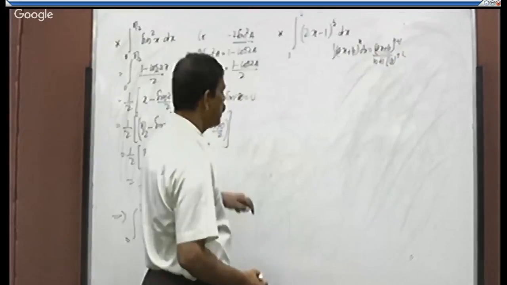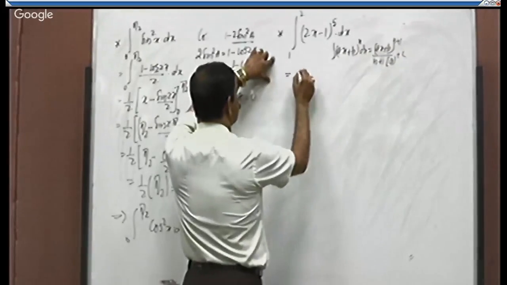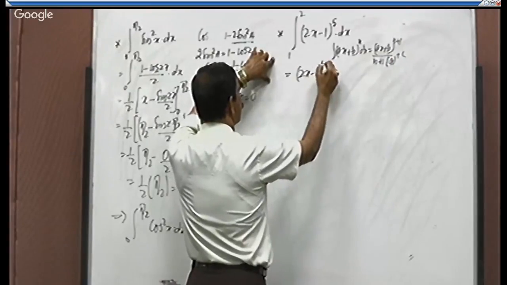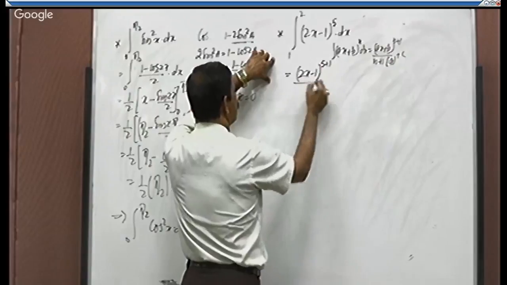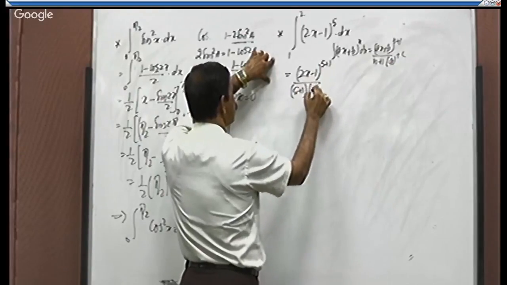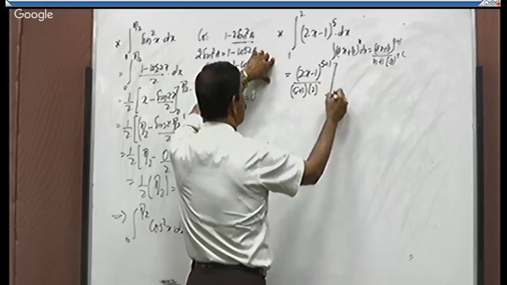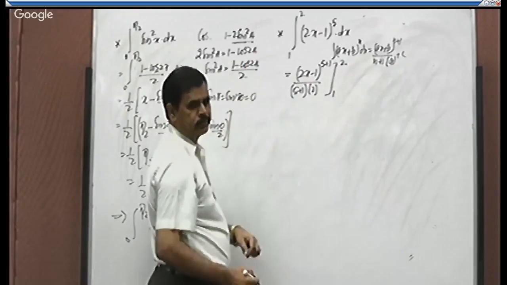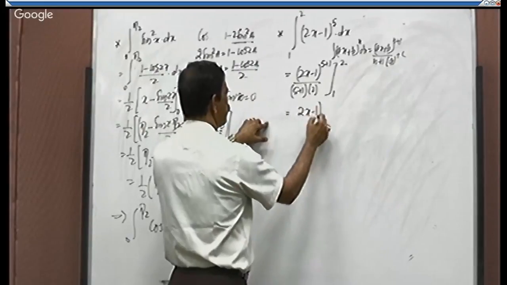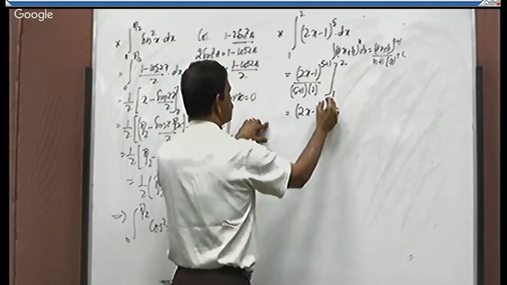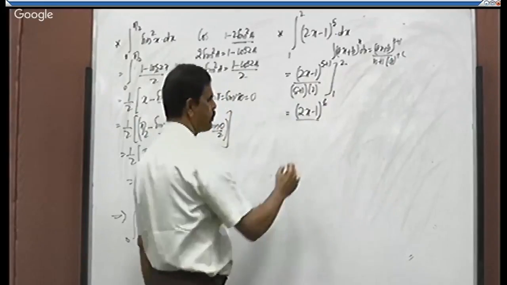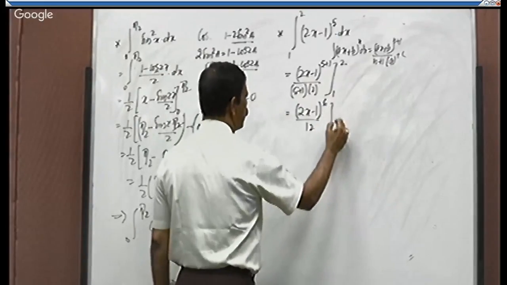A. You take according to that. It is 2x minus 1 to the power of 5 plus 1 divided by 5 plus 1 into x coefficient 2. Apply the limit 1 to 2. Or this is equal to 2x minus 1 to the power of 6 divided by 6 into 2, 12, limits 1 to 2.